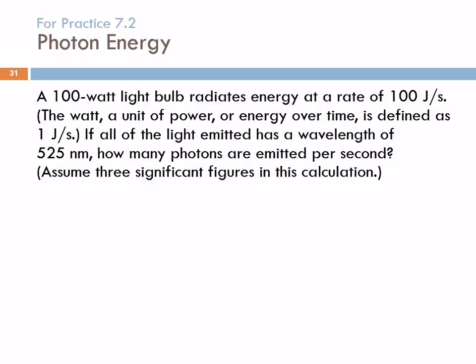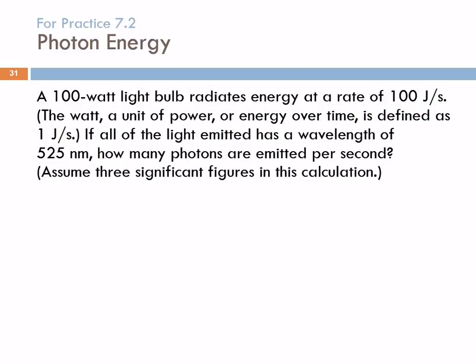Does this seem like a very strange problem? Like, what the heck am I supposed to do with this, right? You don't throw your hands up when you read something like this. You say, I can do this. I'm just going to identify the pieces. I'm going to figure out what I can and deal with it. So a 100-watt light bulb is radiating energy at a rate of 100 joules per second.